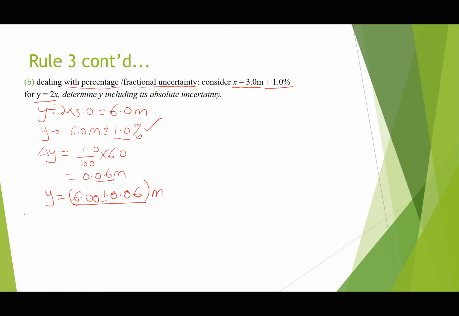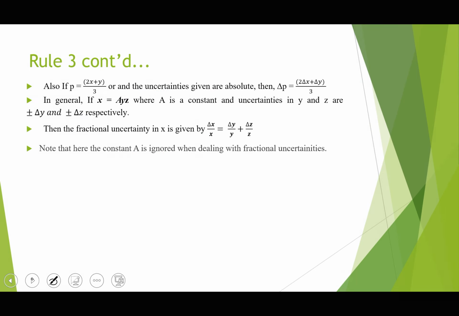Now, somebody might be wondering if the constant was a fraction. For example, we have P being defined as 2x plus y over 3. There is a coefficient in front of x, which is 2, and there is a denominator down there, which is actually 3.